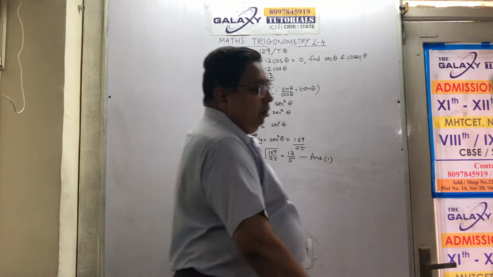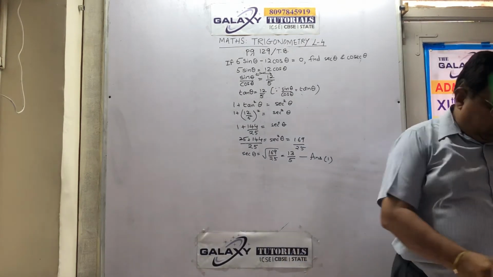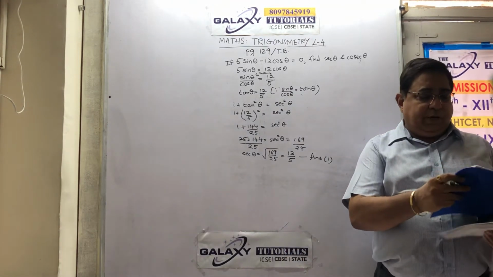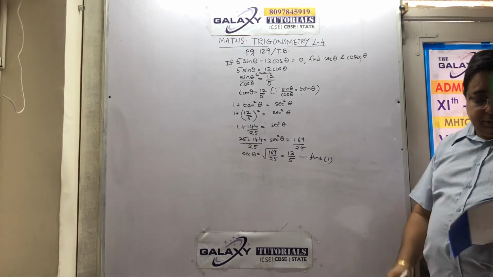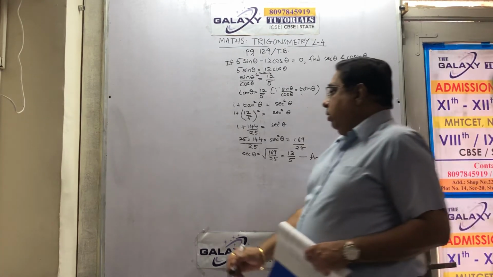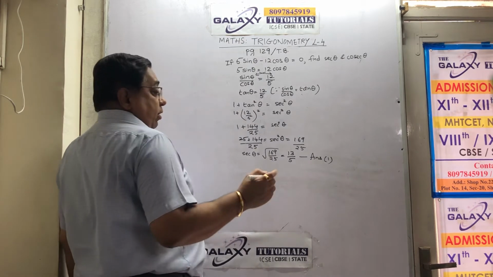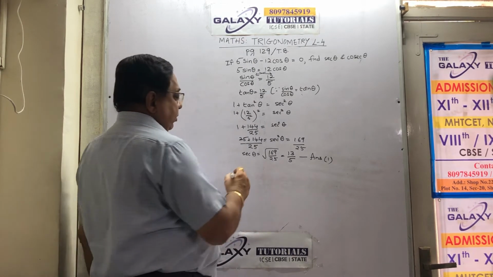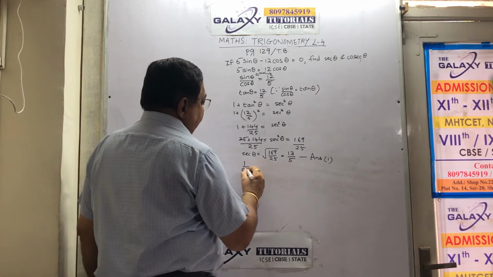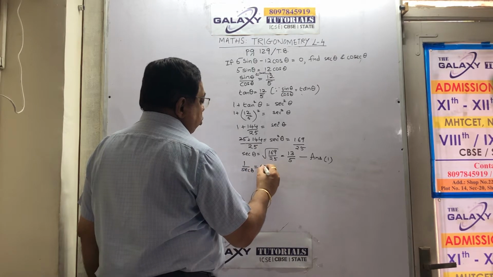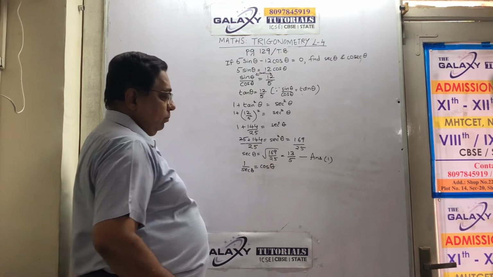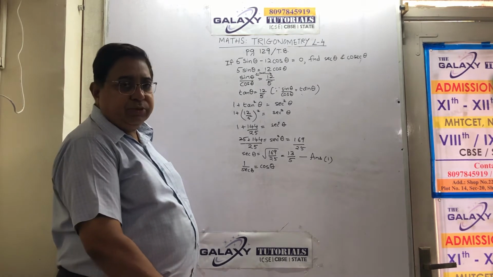Now I need cosec theta. How will I get cosec theta? Okay, that is a big question. Now, do not forget, I have given you that ratios are inverse of each other. 1 upon sec theta is cos theta. Please look at the basic ratios.